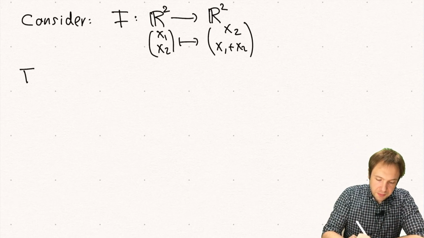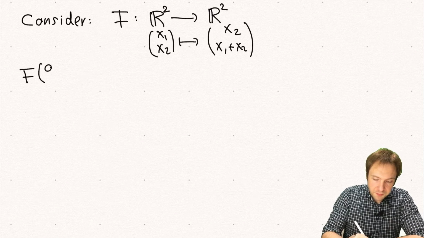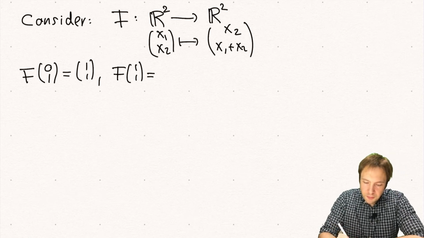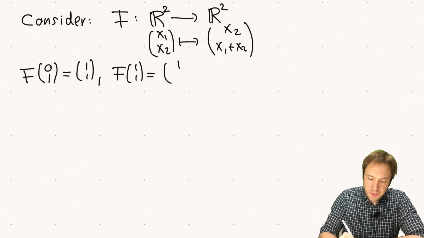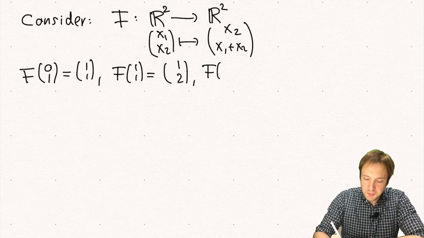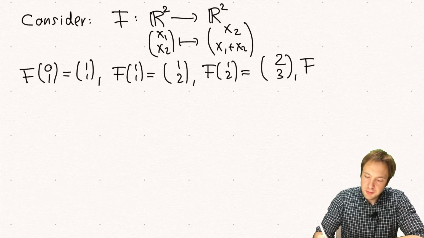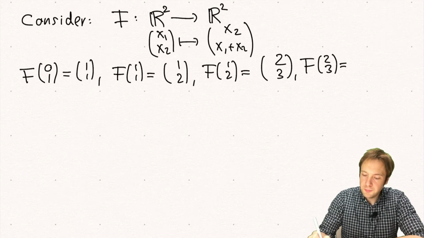So let's start. What is f of 0, 1? Well, it's 1, 1. What is f of 1, 1? Well, it's 1 and then the sum of both of them, so it's 2. And what is f of 1, 2? Well, it's 2 and the sum of them, 3. f of 2, 3.